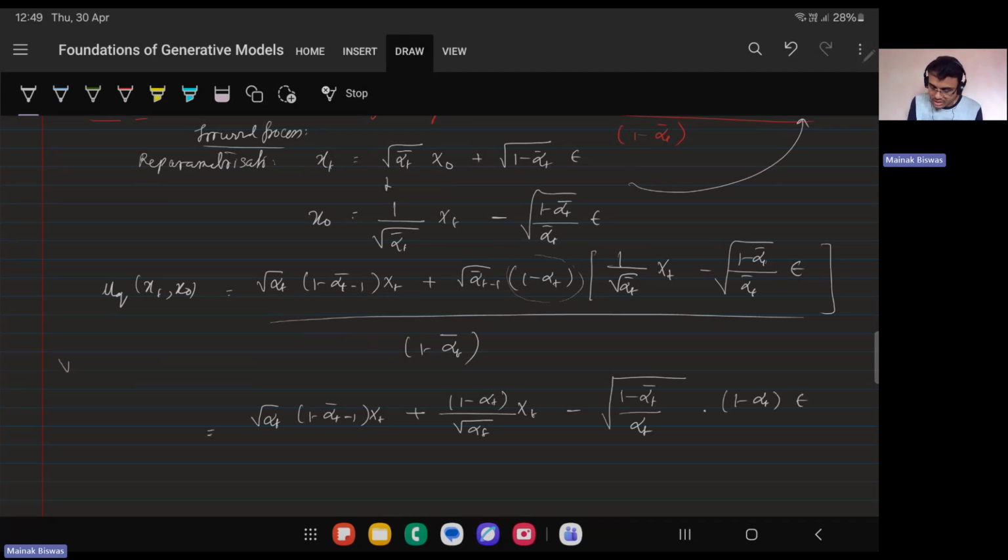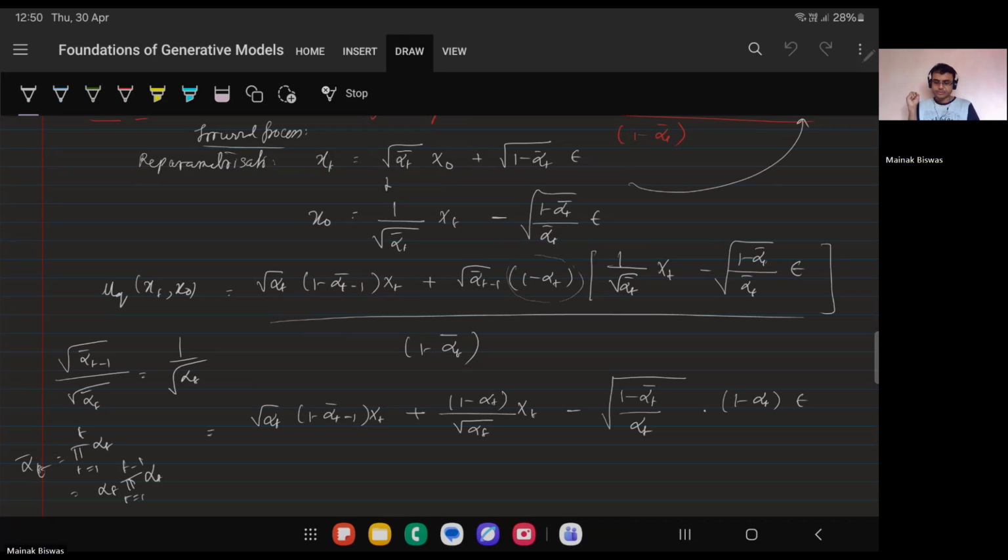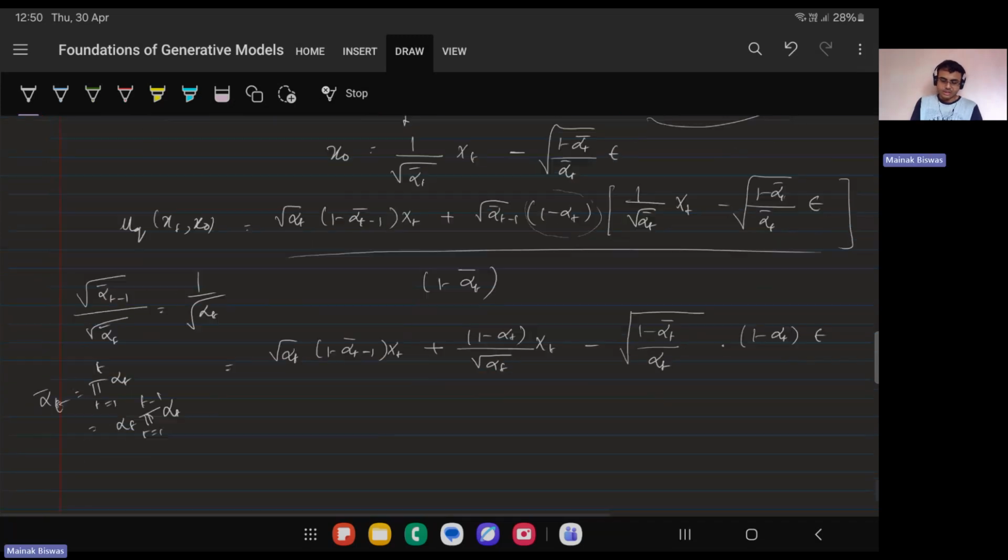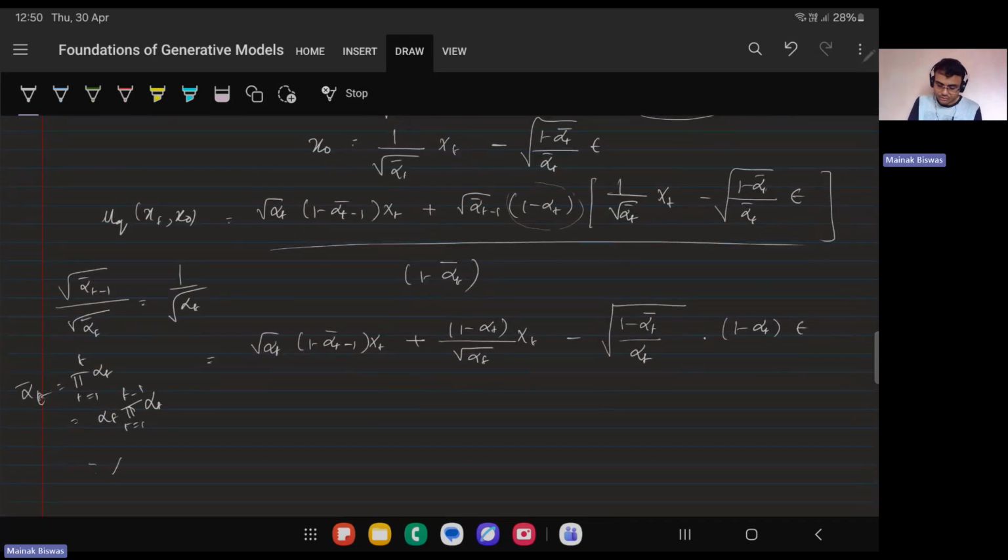If you're not following what I did, I just wrote root alpha t minus 1 bar by root alpha t bar to be 1 by root alpha t. This is because alpha t bar is equal to the product from t equal to 1 to t of alpha t, which is equal to alpha t times the product from t equal to 1 to t minus 1 of alpha t, which is equal to alpha t times alpha t minus 1 bar.